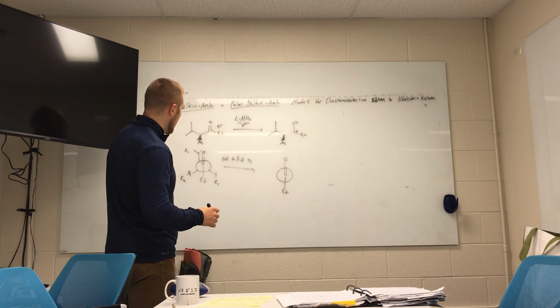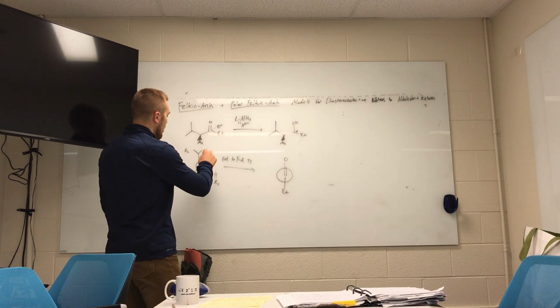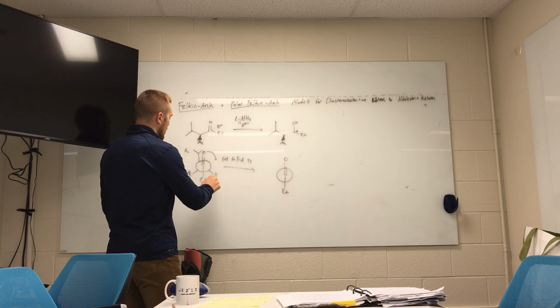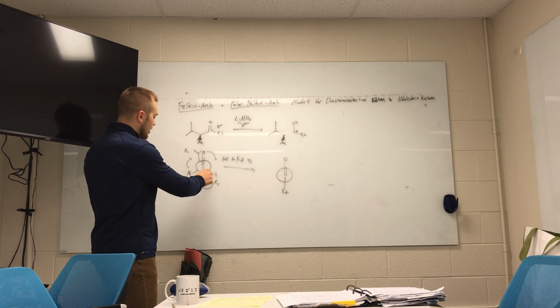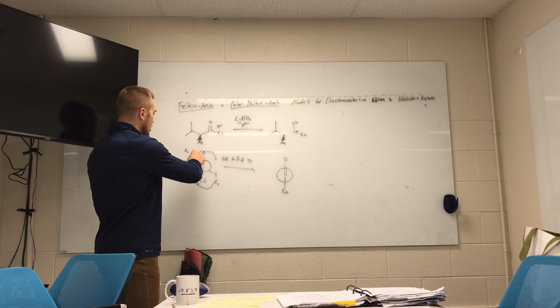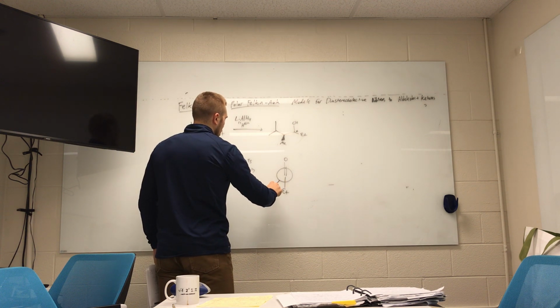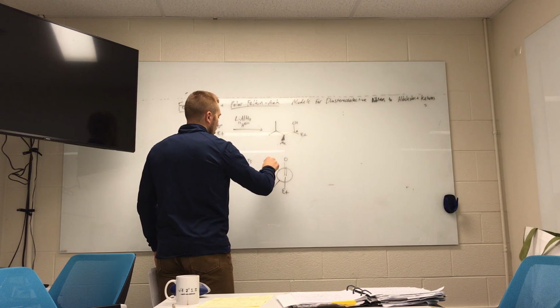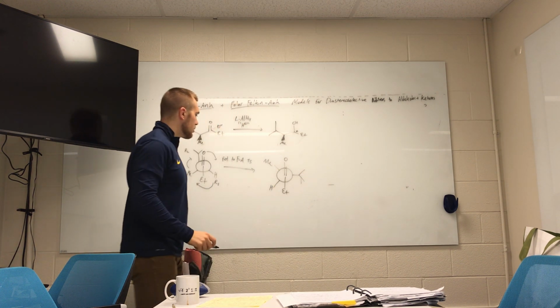So if we rotate Rl this way, then our hydrogen this way, and our methyl that way, we will in fact end up with our hydrogen at the Bürgi-Dunitz angle and our largest group perpendicular. So this will be our preferred conformer for reaction.